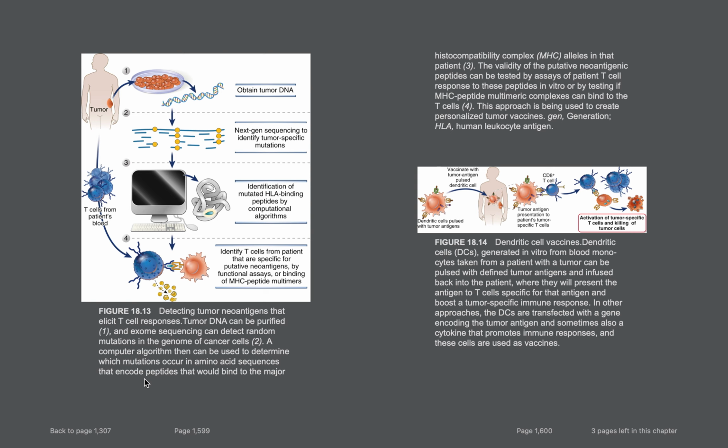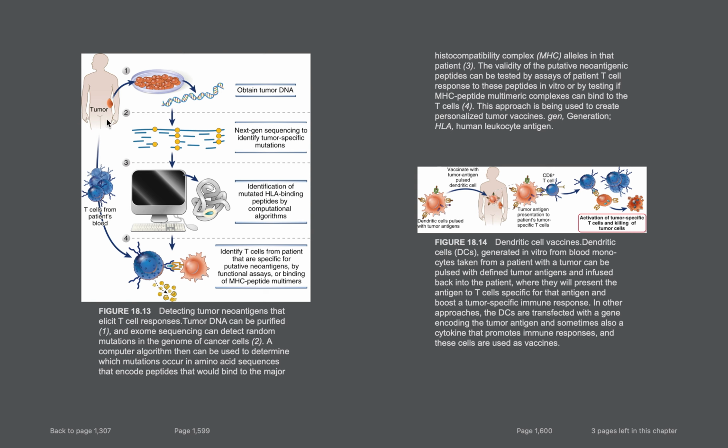The validity of putative neoantigen peptides can be tested by assaying patient T cell responses to these peptides in vitro, or by testing if the MHC peptide multimeric complex can bind to the T cells. This approach is being used to create personalized tumor vaccines.